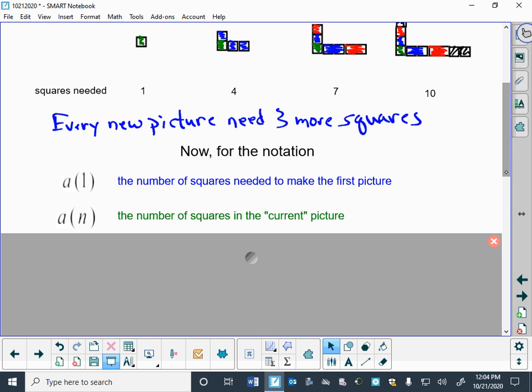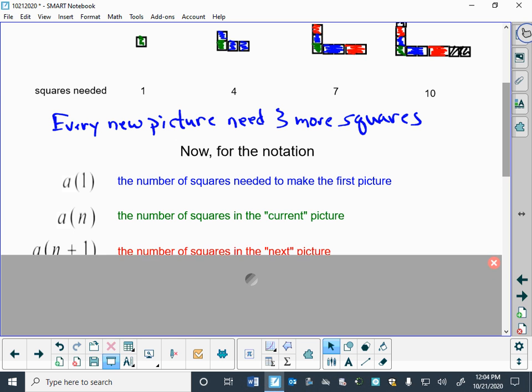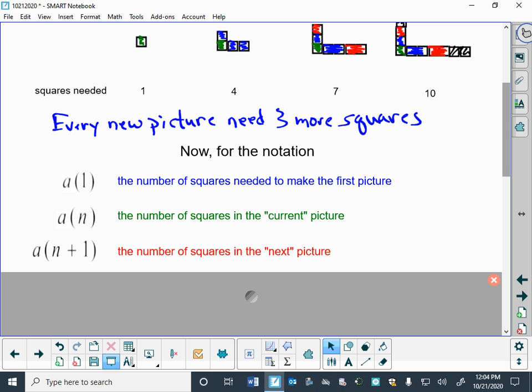If n was 3, it would be talking specifically about the third picture, but more generally here, A of n will be the number of squares in the picture that we are currently looking at, and A of n plus 1 will be the number of squares in the next picture. So if n is where we are right now, 1 more than n is moving to the next picture down the line.